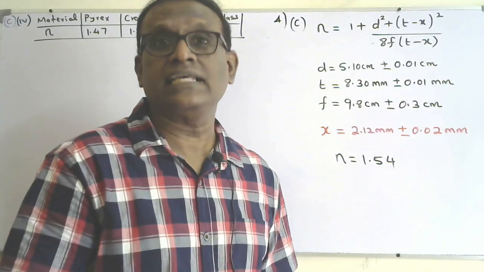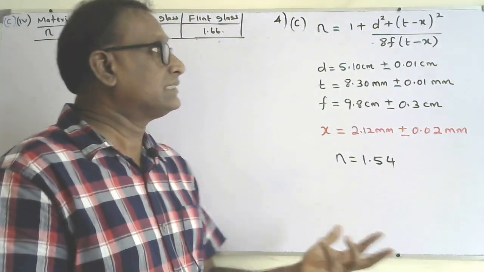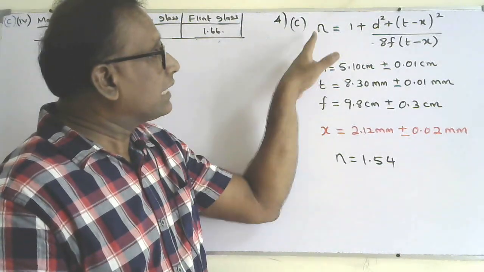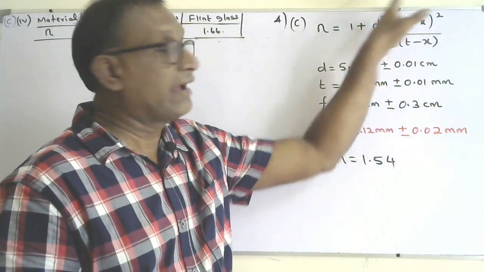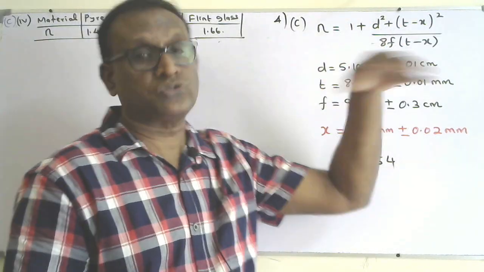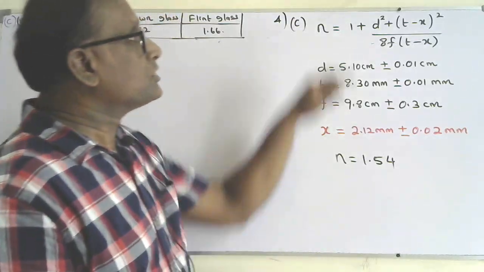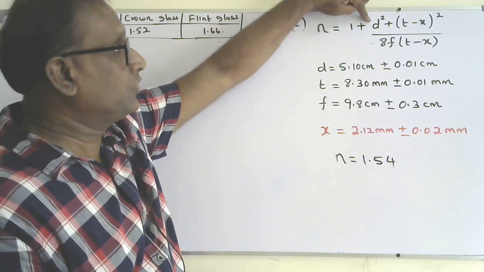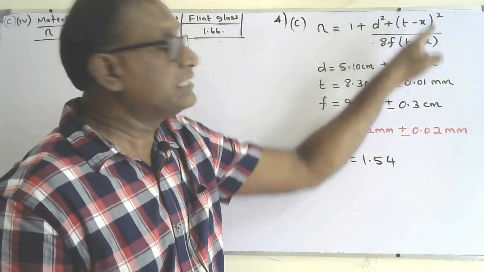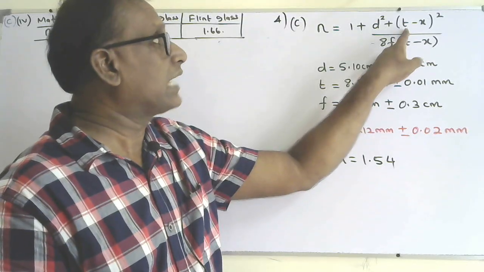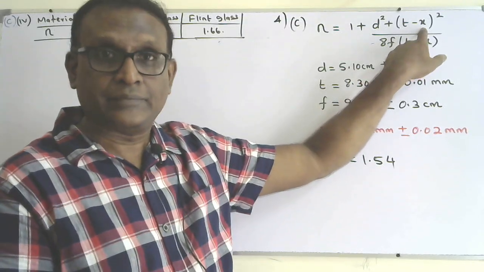To get the maximum value of n, the numerator should have the maximum value, just IGCSE symbol algebra. So the numerator should have the maximum value and the denominator should have the minimum value. So D must have the maximum value. This bracket quantity should have the maximum value, means T should have the maximum, X should have the minimum.